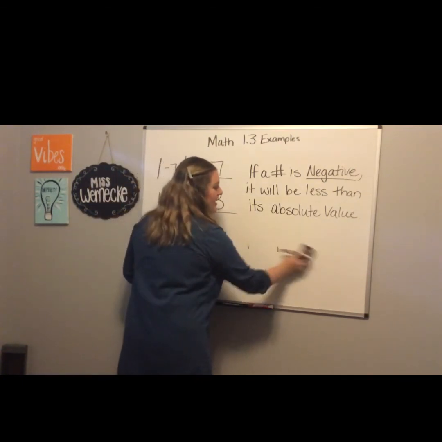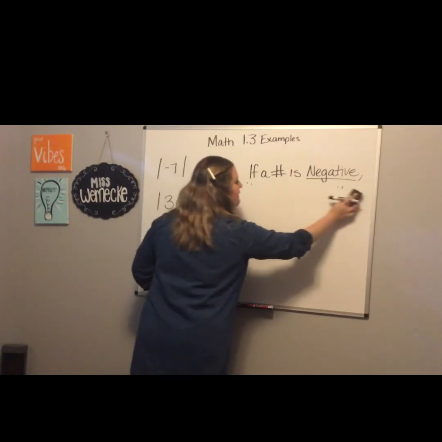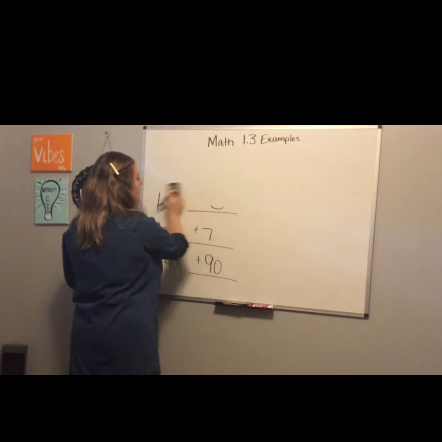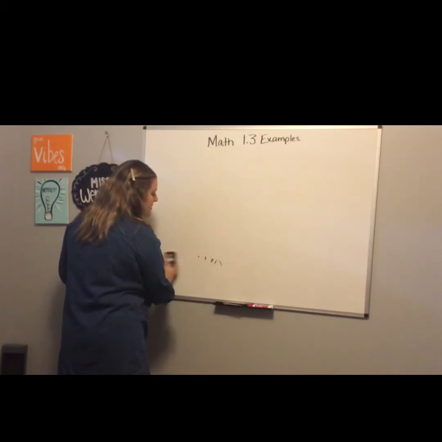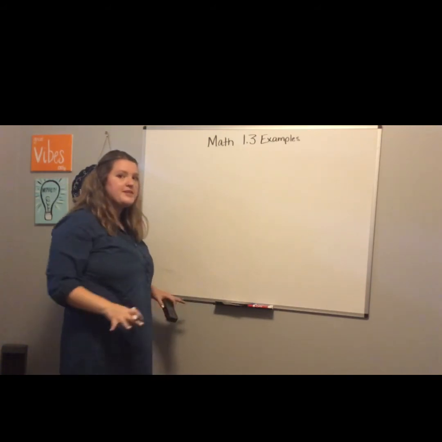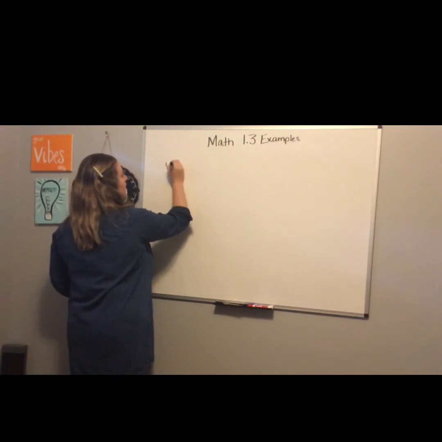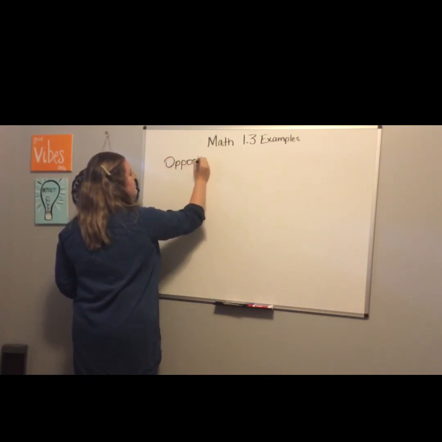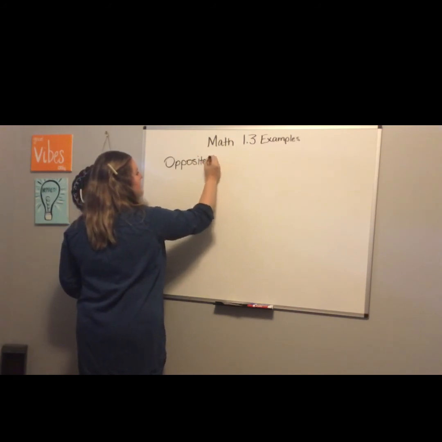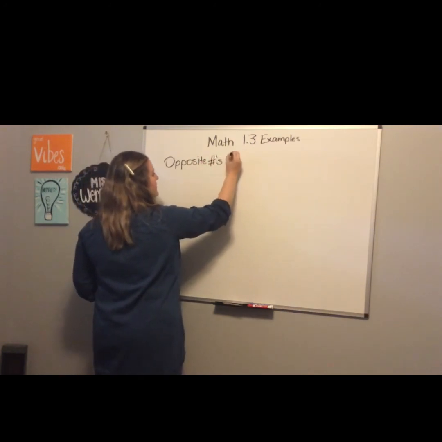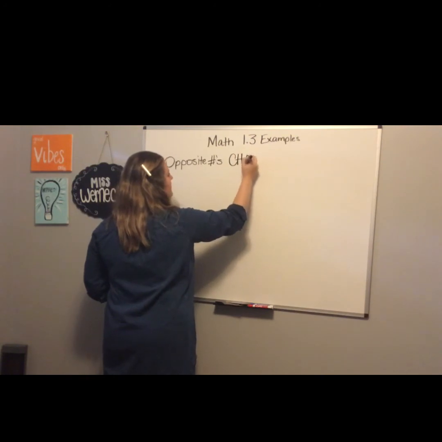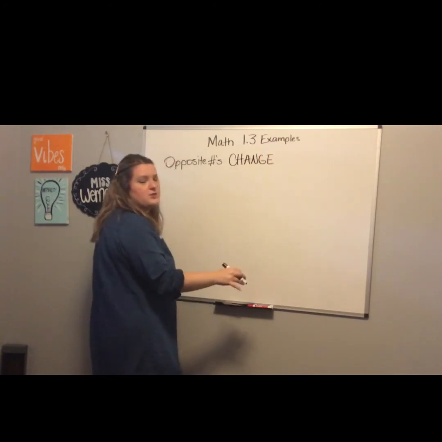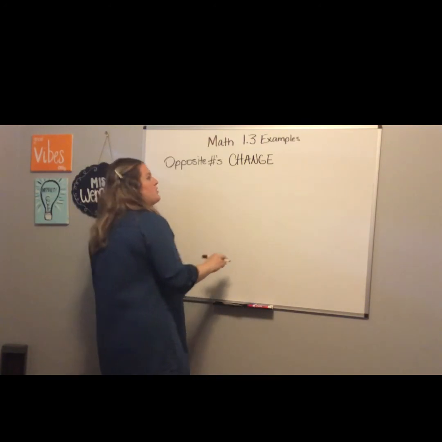Now, the other thing we always get confused on every single year in 6th grade is the difference between absolute value and opposite numbers. Opposites are just changing the sign. Opposite numbers actually change the sign, no matter what. If it's positive, you change it to a negative. If it's a negative, you change it to a positive.